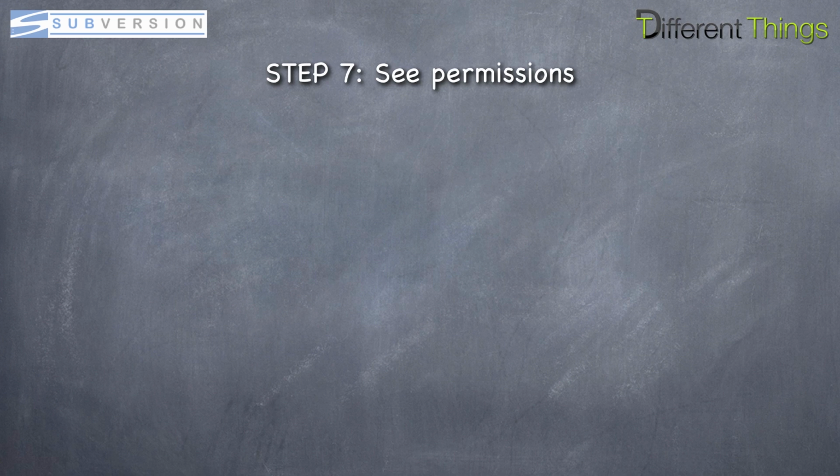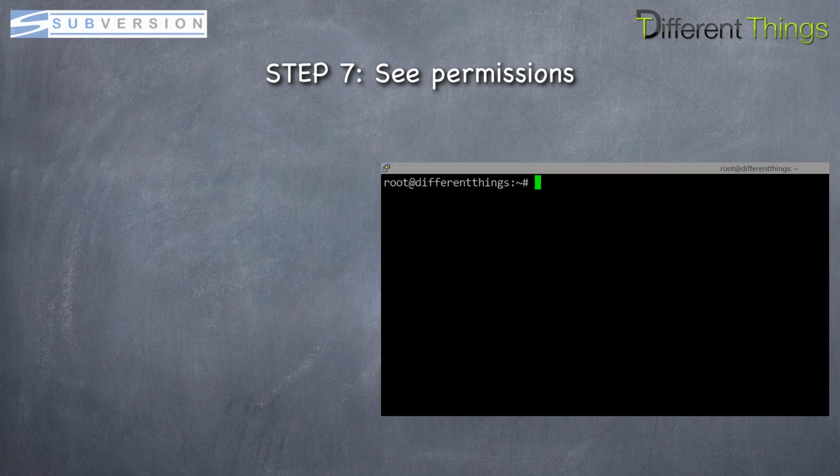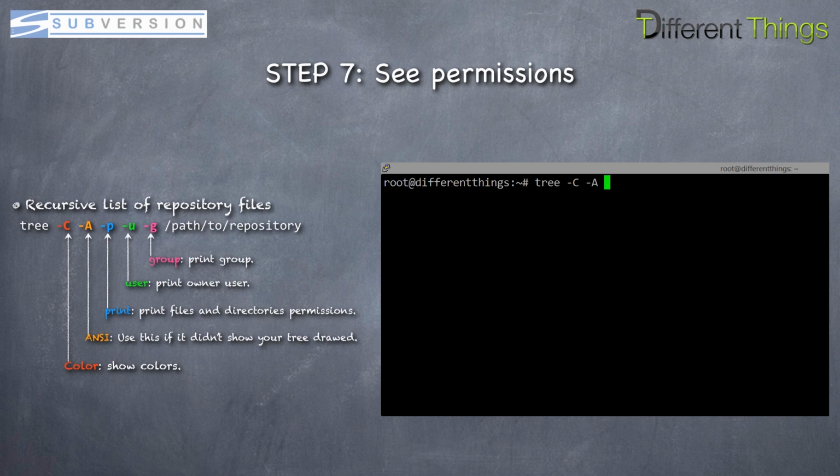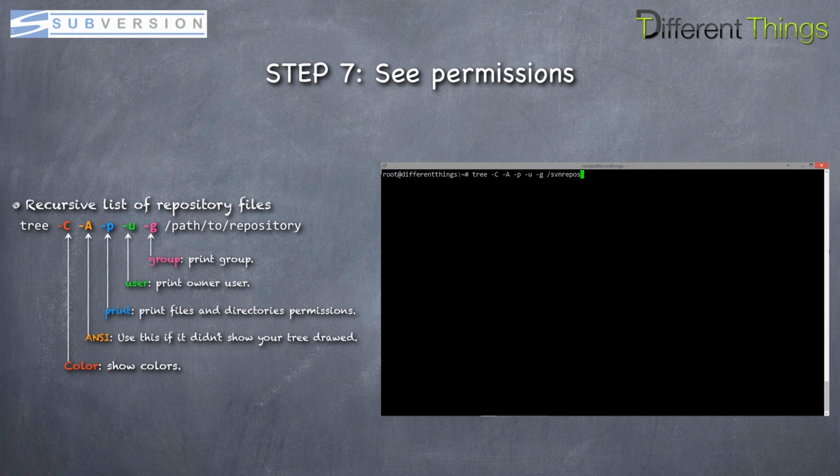Step 7. See permissions. To see a recursive list of repository files and their permissions, use tree space capitalized C space capitalized A space -p space -u space -g space and the path to the repository.